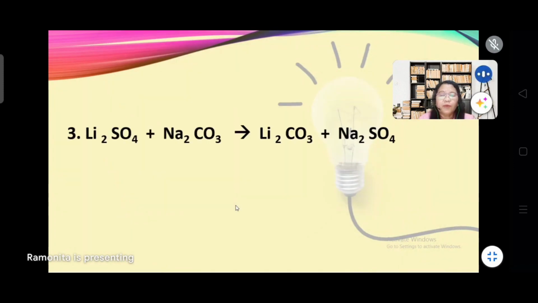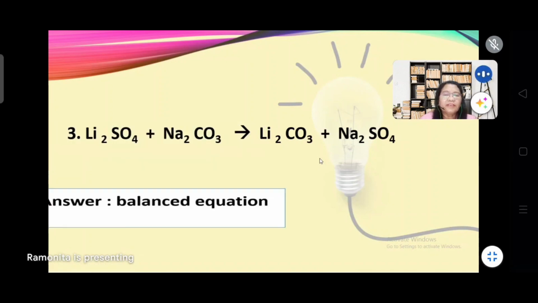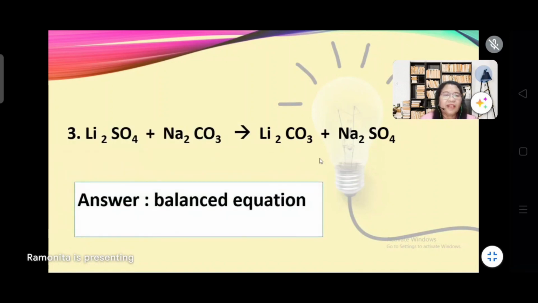Next, we have lithium sulfate and sodium carbonate produce lithium carbonate and sodium sulfate. Is it balanced or unbalanced? Okay, very good. The answer is a balanced equation.